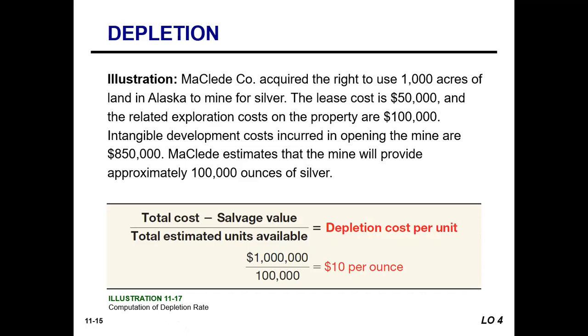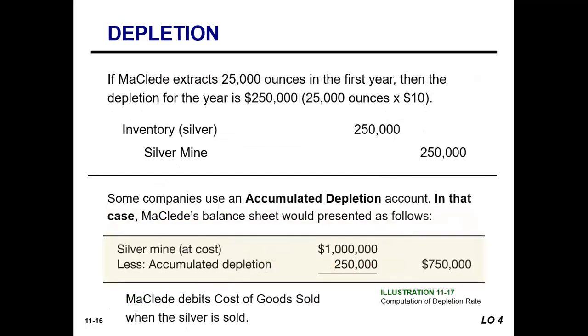McLeod estimates that the mine will produce approximately 100,000 ounces of silver. So we are going to deplete $10 per ounce, right? So as we're extracting the silver, for every ounce of silver, we're going to deplete $10 per ounce.